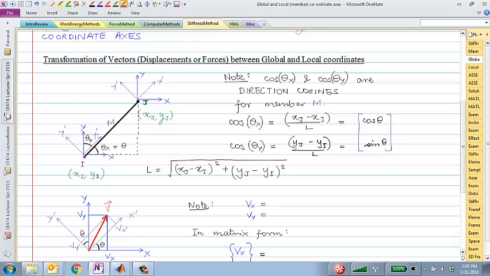This is a unit vector, first of all. You should be able to see that. If I square the components of this vector, cosine square plus sine square theta, that should be 1. So it's a unit vector. Now, in which direction is this vector pointing?